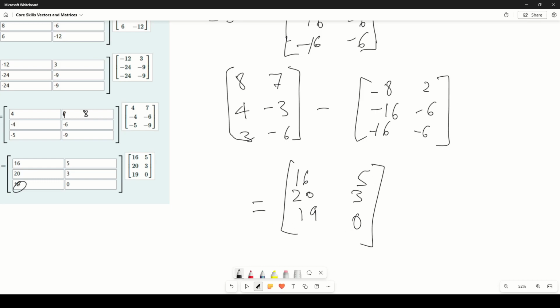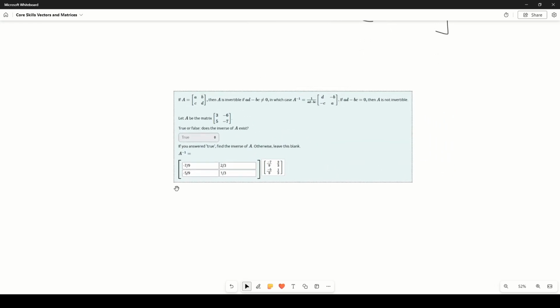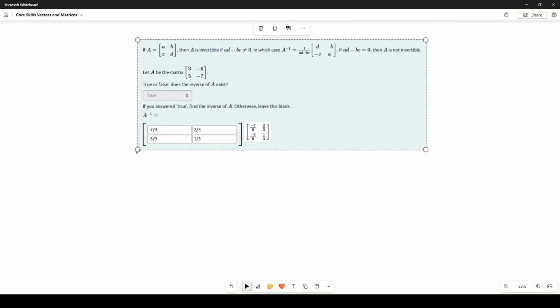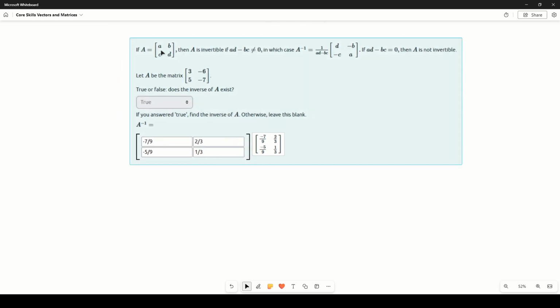Now we're getting on to the inverse of a matrix. And this one, they do actually tell you what you have to do in the question. So they say, if A is a matrix, then it's invertible if AD minus BC is not equal to 0, in which case the inverse of A would equal this.